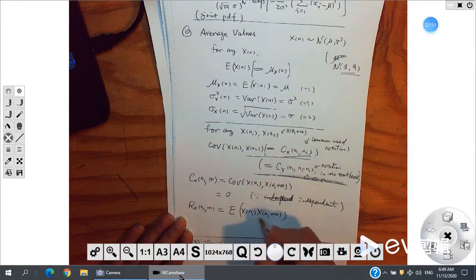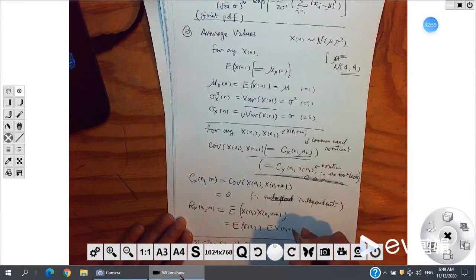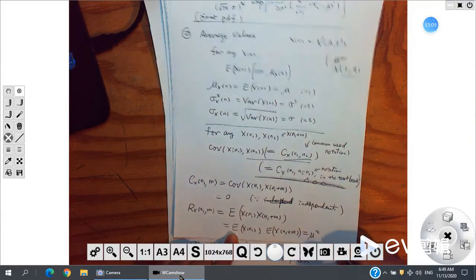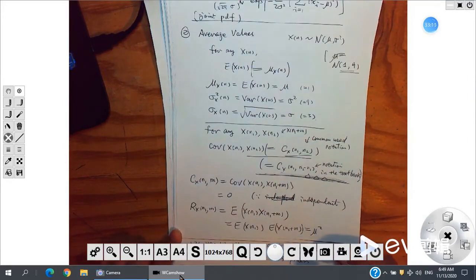Then this one will be E of x of n1 times E of x of n1 plus m. Each of them we know is mu, right? So this is mu squared. So we have this.